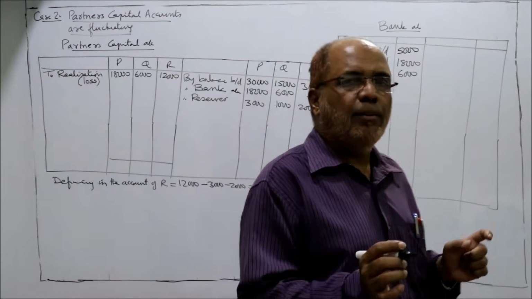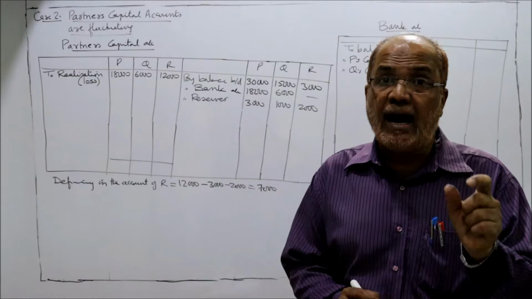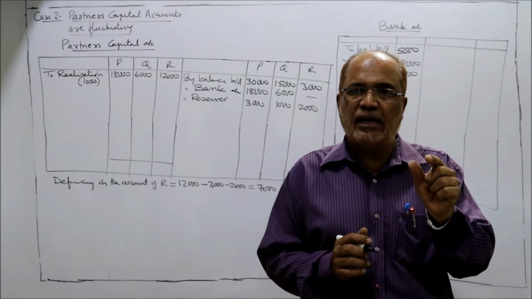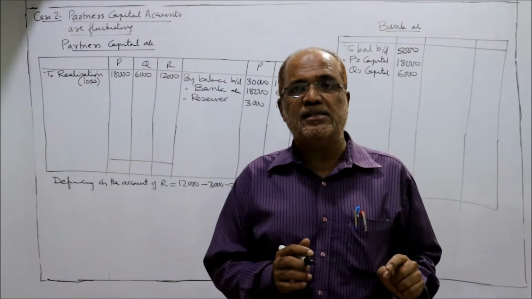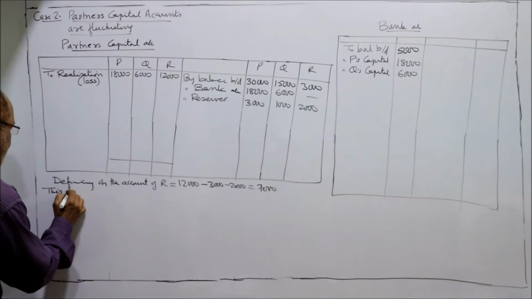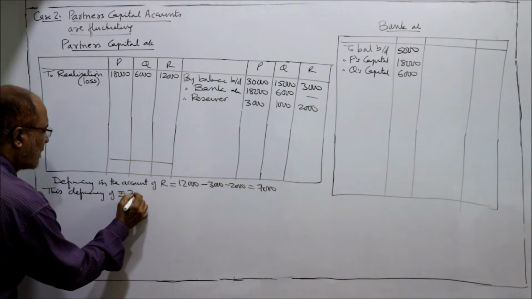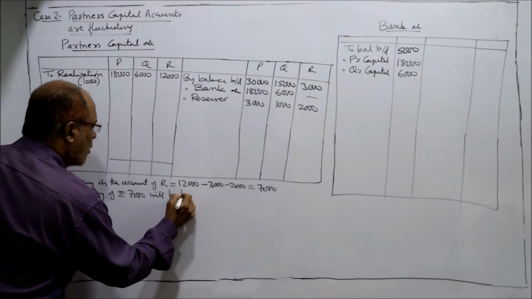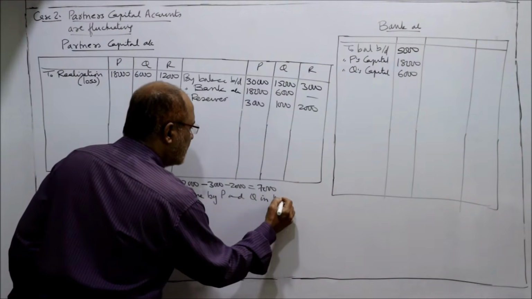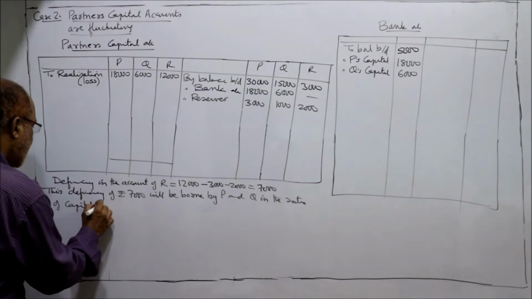Now this should be borne by P and Q in the ratio of capital and reserves, because this is a method of fluctuating capital. If capital is fluctuating, we also consider reserves along with capital. This deficiency of rupees 7,000 will be borne by P and Q in the ratio of capital and reserves.